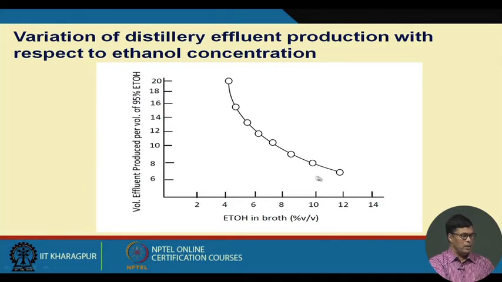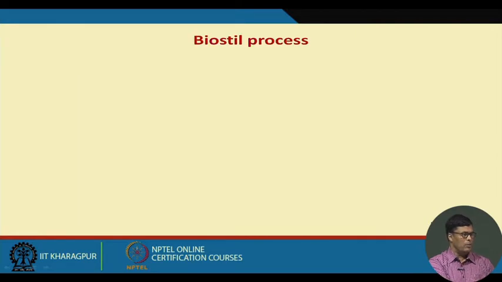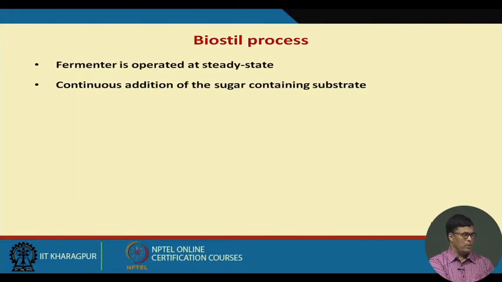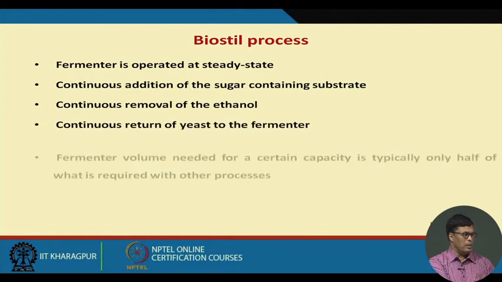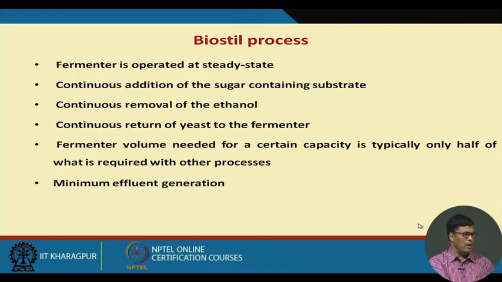Nowadays the ethanol concentration has increased to 14 to 15%, and the volume is drastically reduced. This is the typical advantage of an efficient fermentation process, meaning higher concentration of alcohol production in the fermentation. BioSteel is a company that came up with a continuous process to improve ethanol production.